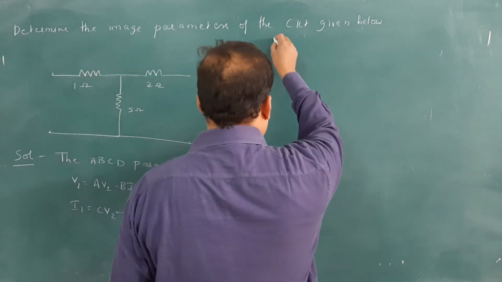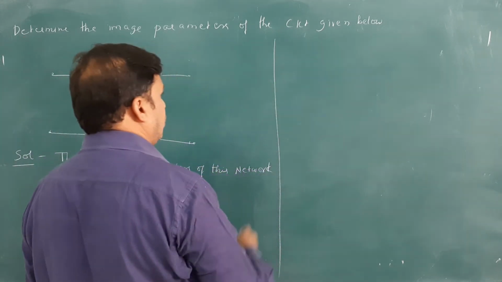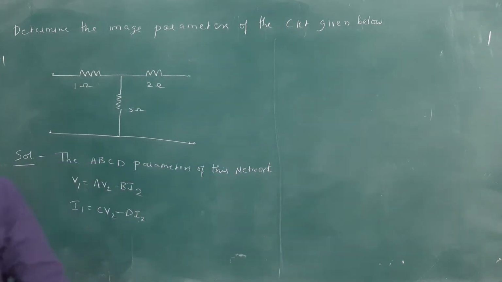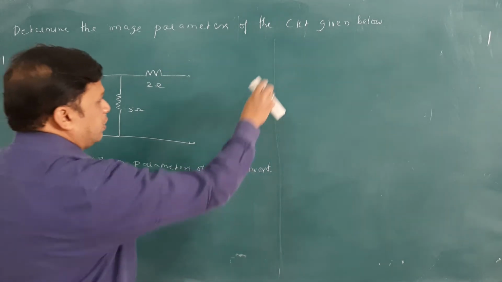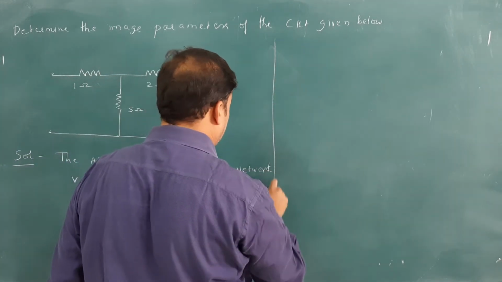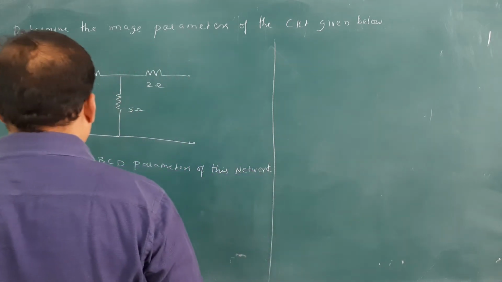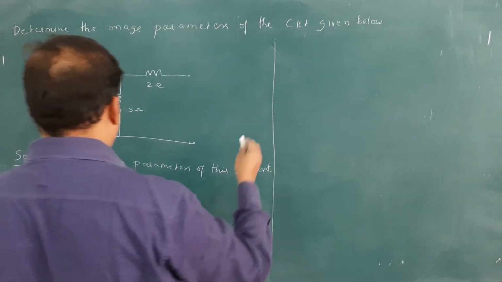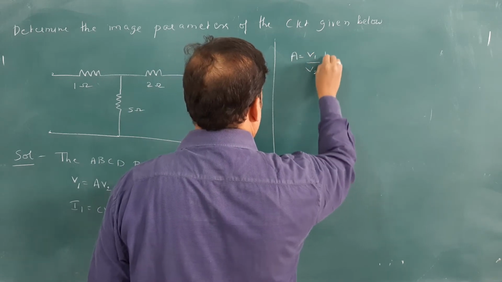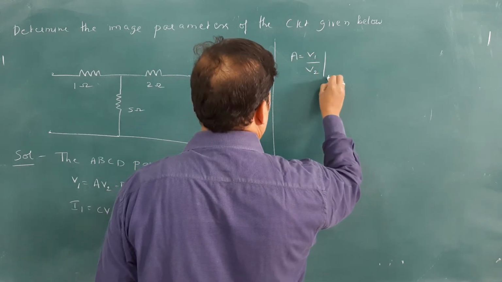So we can find out the ABCD values for this. If you want to find the A value, A = V1 by V2 at I2 = 0.